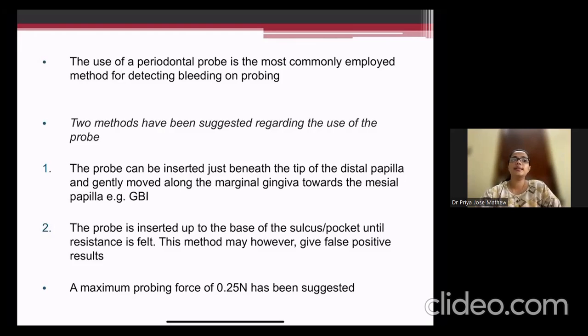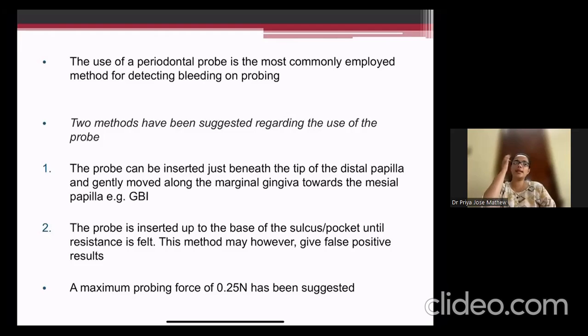Now, two methods have been suggested regarding the use of the probe. How can we use the probe? The probe can be inserted just beneath the tip of the distal papilla and gently moved along the marginal gingiva towards the mesial side. That is in the gingival bleeding index. Or the probe is inserted to the base of the sulcus until resistance is felt. This method, however, can cause a false positive result.